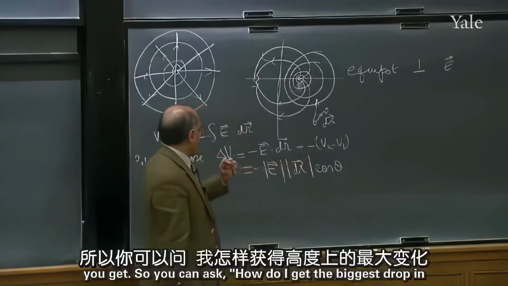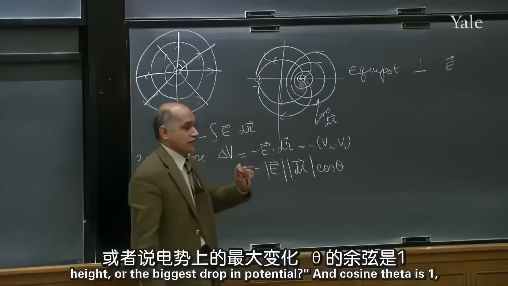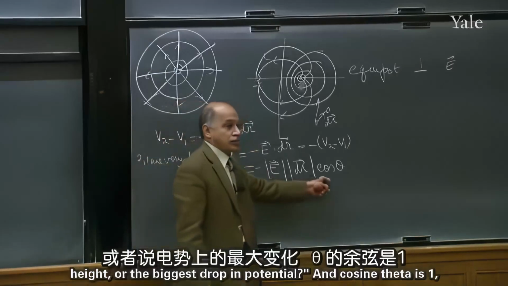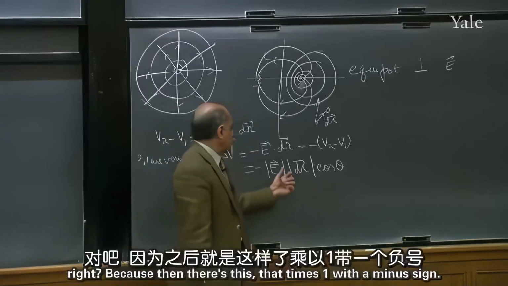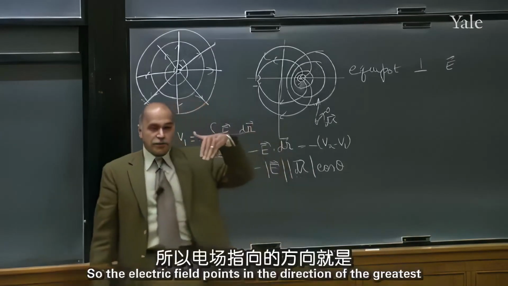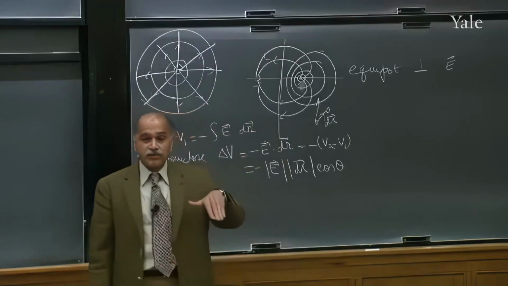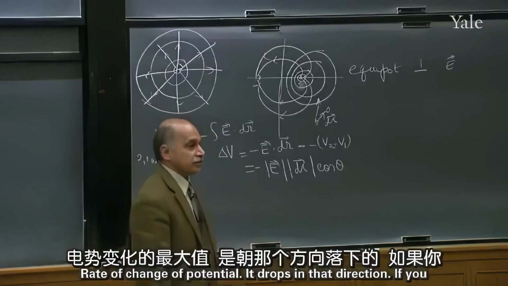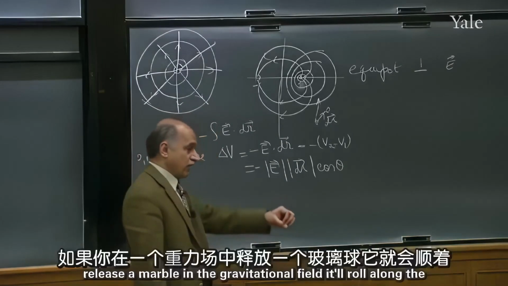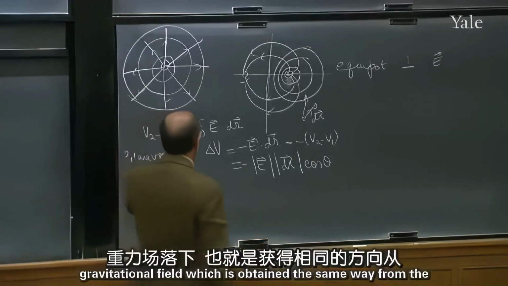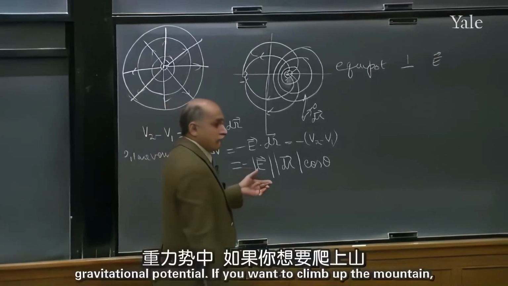So you can ask, how do I get the biggest drop in height or the biggest drop in potential? When cosine theta is 1, right? Because then it's this, that, times 1 with a minus sign. So the electric field points in the direction of the greatest rate of change of potential. It drops in that direction. If you release a marble in a gravitational field, it'll roll along the gravitational field, which is obtained the same way from the gravitational potential.